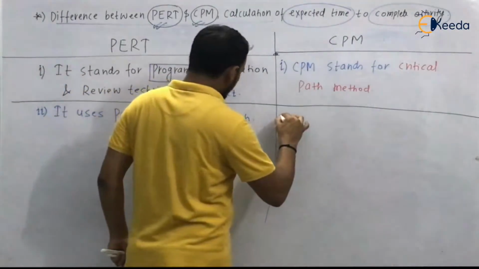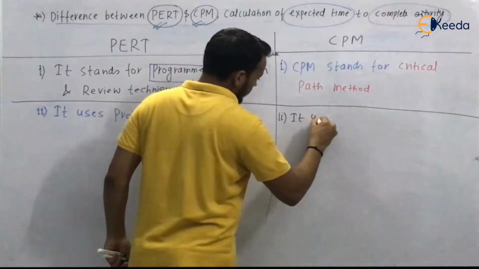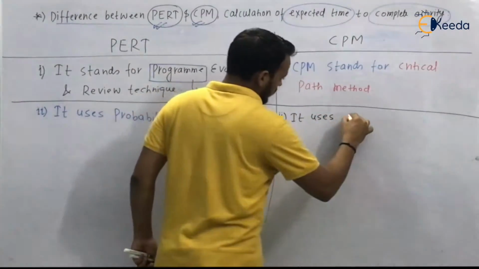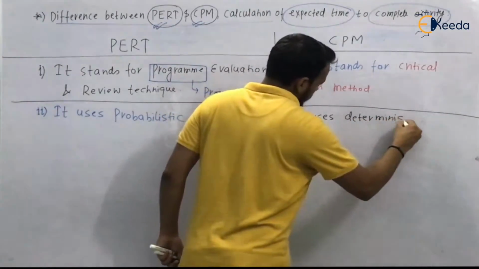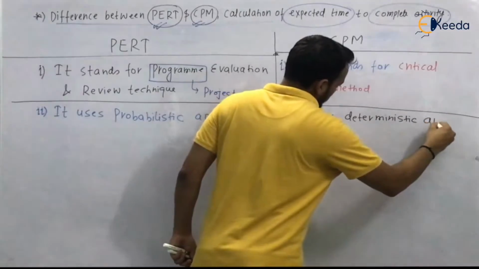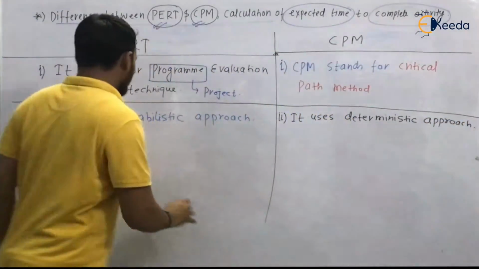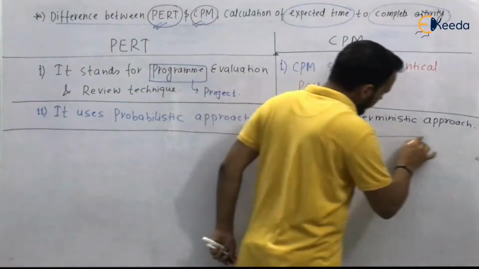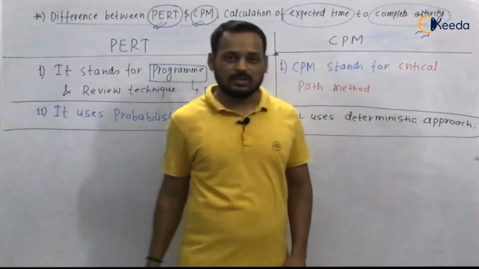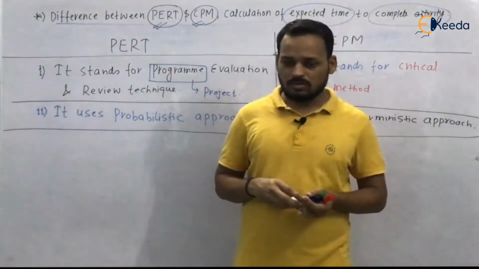And CPM uses deterministic approach. So one question comes: what is probabilistic and what is deterministic? So I am taking an example.